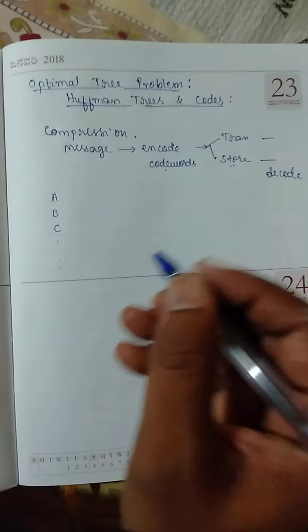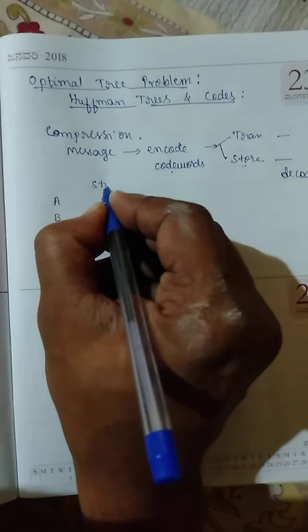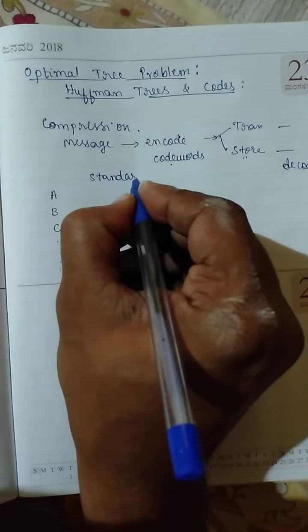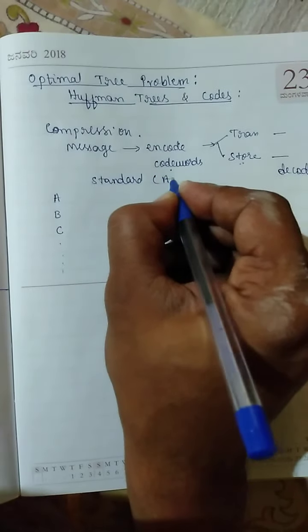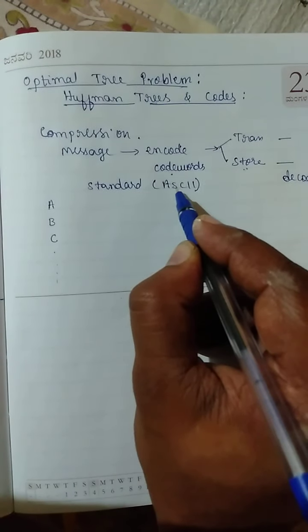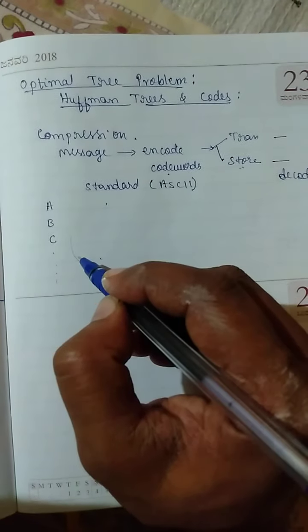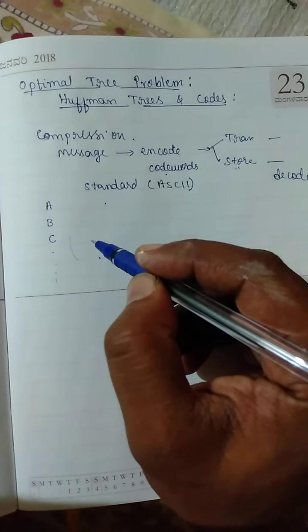And the standard coding, which is the standard coding? Yes, that is ASCII. This standard ASCII coding makes use of 8-bit code words for each of the characters in the 128 character set.